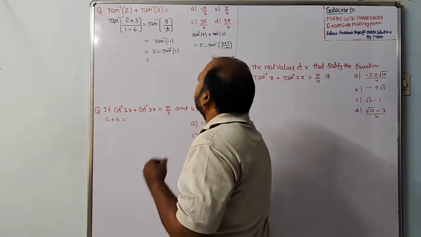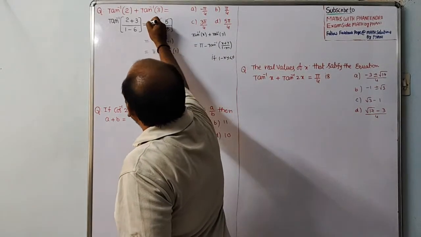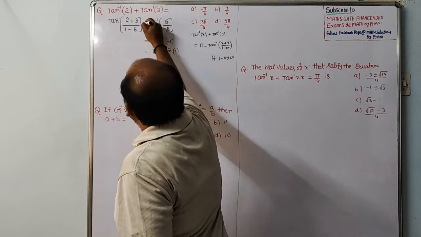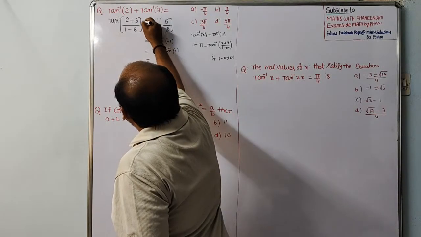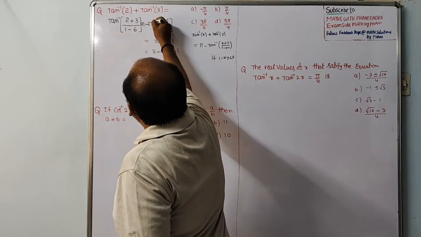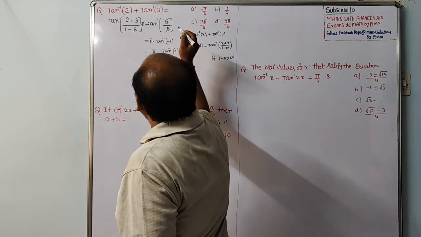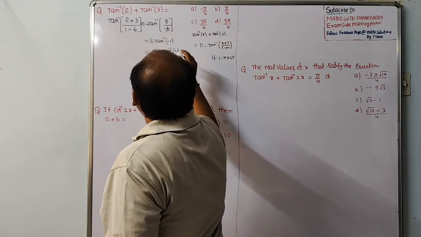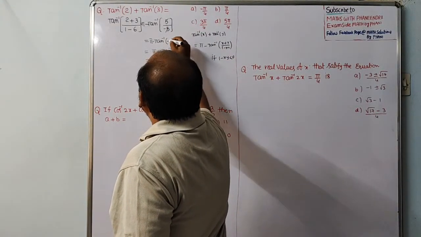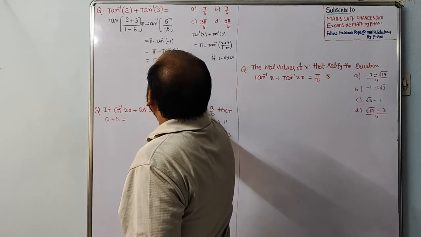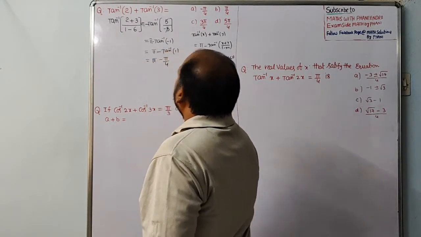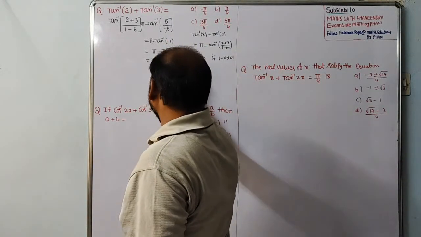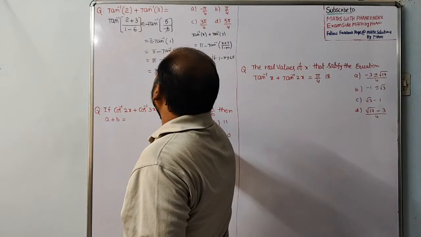From here onwards, students, not a problem, by using this formula, pi minus tan inverse 1, that is equal to 3 pi by 4.